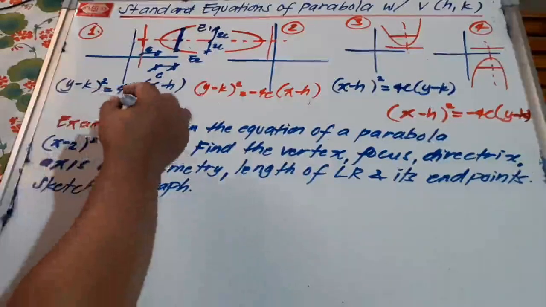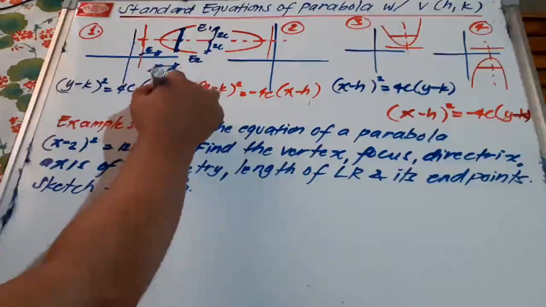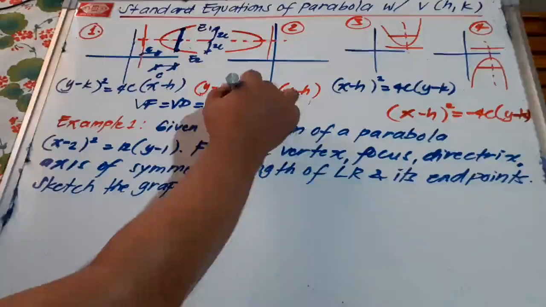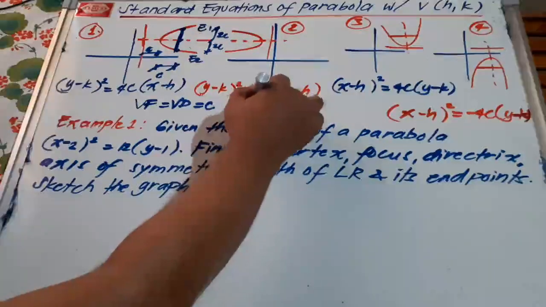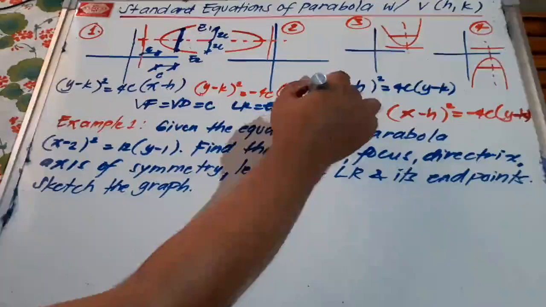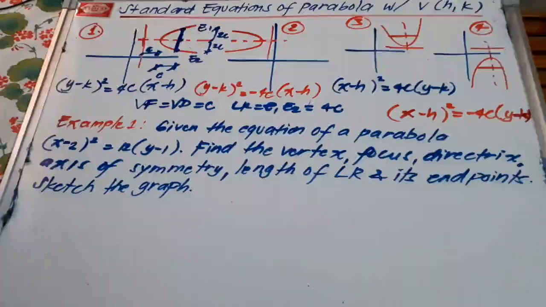Itong concept na to, that the distance from the vertex to the focus and the distance of vertex to directrix are equal to c, and the length of the latus rectum, which is the distance between the endpoints of the latus rectum, is always equal to 4c. And half of 4c is the distance from the focus to one end ng ating latus rectum. Okay? So tandaan natin yan. Napakahalaga ng concept na yan.